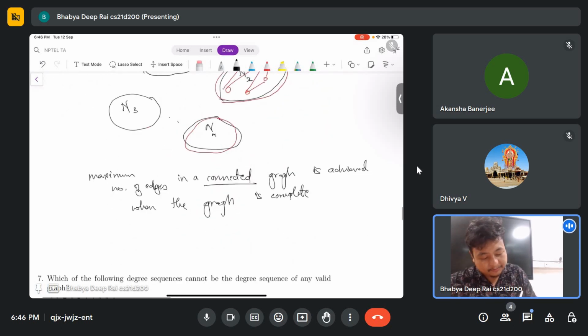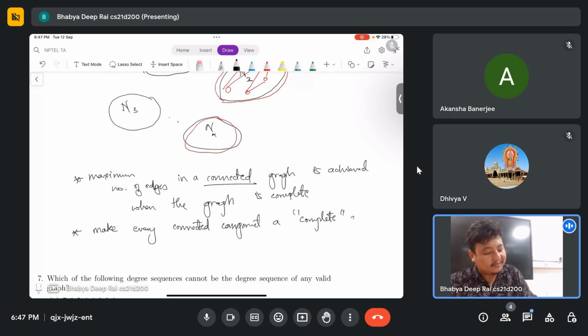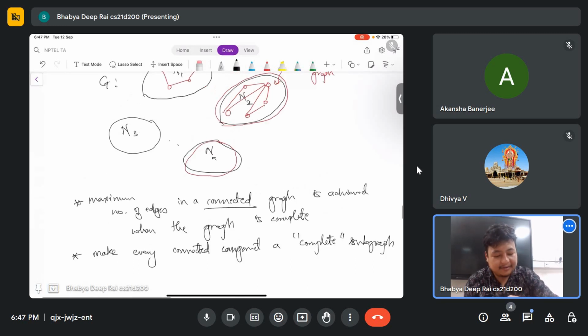So what do I do? Make every connected component a complete graph, or a complete subgraph. That is what I do. So yeah, make every connected component a complete subgraph.